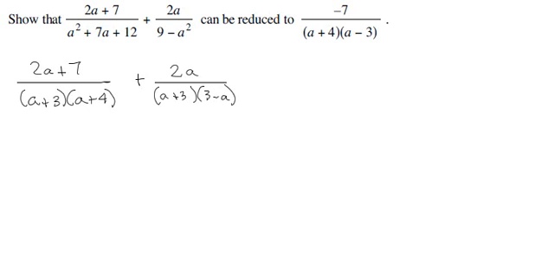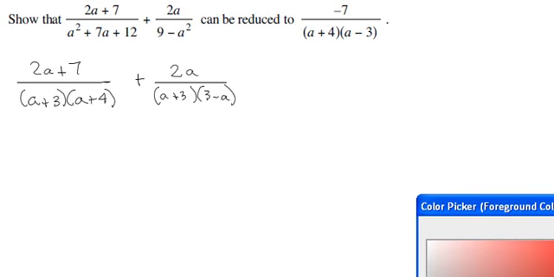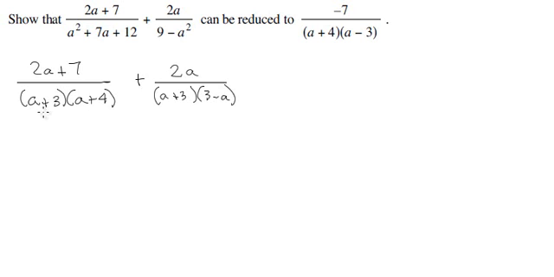So now, if we're looking for a common denominator, this fraction contains a plus 3, so does this one, so good, no need to change that. A plus 4 is over here, so we need it here as well. And 3 minus a is in the right-hand fraction, so we need it on the left as well.